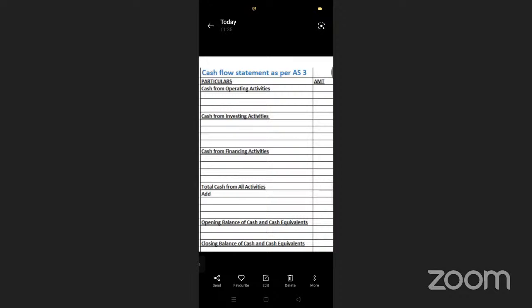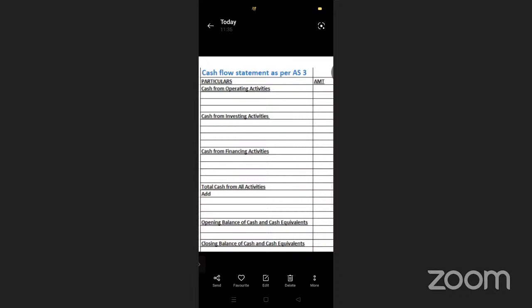Whatever we prepared with the trading account, profit and loss account, and balance sheet, we are clubbing together and coming to three heads: cash from operating activities, cash from investing activities, and cash from financing activities.